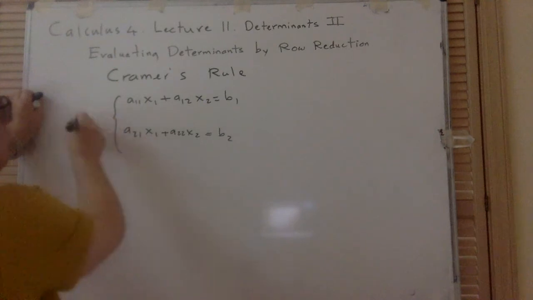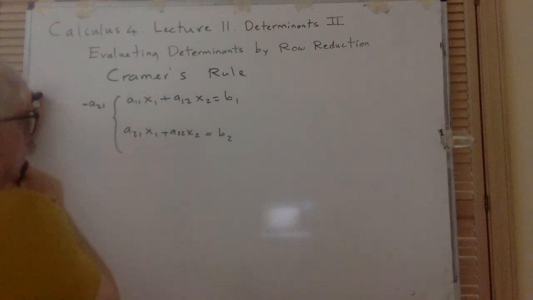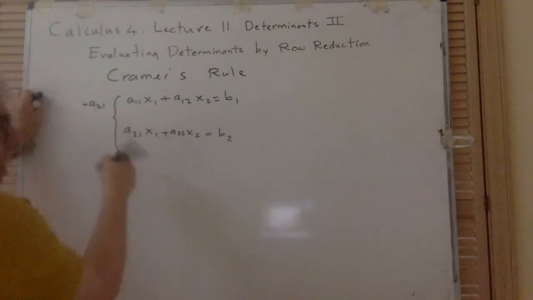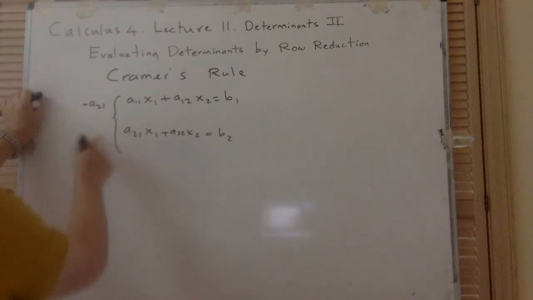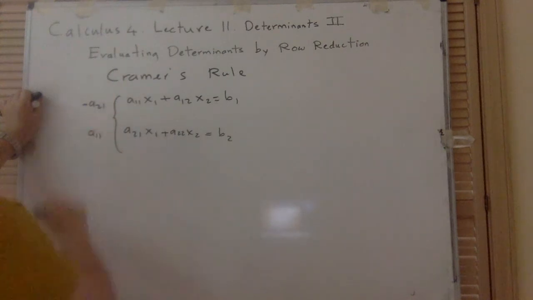So let's multiply this by minus a21, and I can multiply this by a11 and add. It's okay because I want to get rid of this. So I know that what I'm doing changes some determinant, but that's okay. I just want to solve this thing.